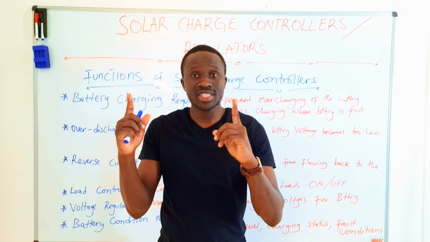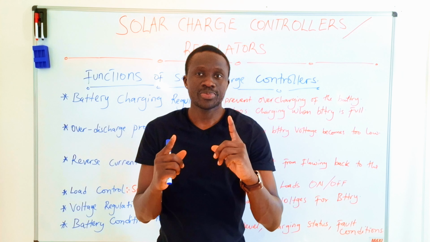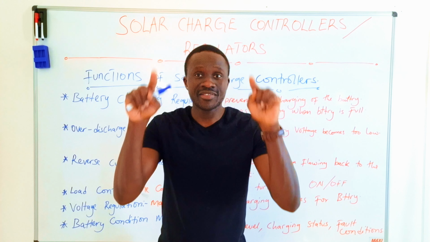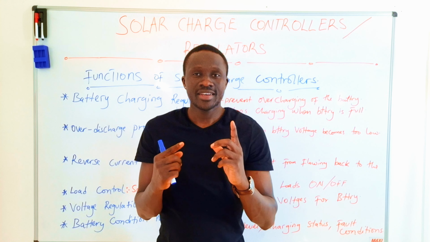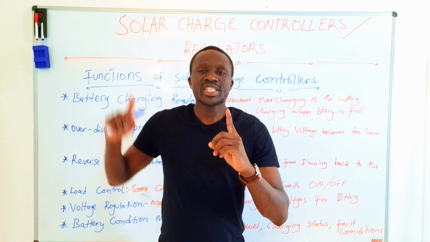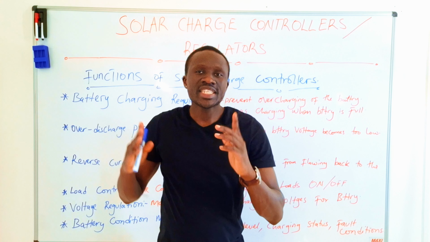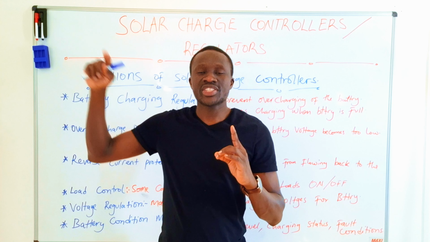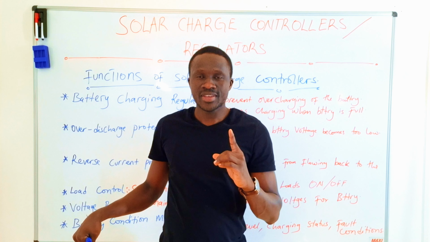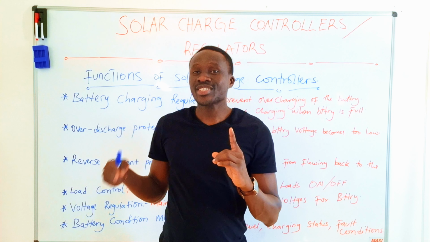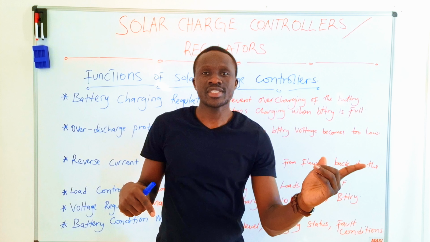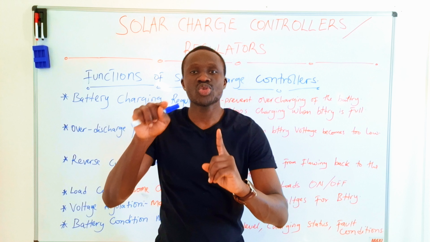Sometimes some are not digital, others are digital. Okay, digital, I mean they have a display. Now, when the battery charges tomorrow, you wait until tomorrow. When the battery charges tomorrow, it does what? It connects your loads automatically without you going to switch on or off.